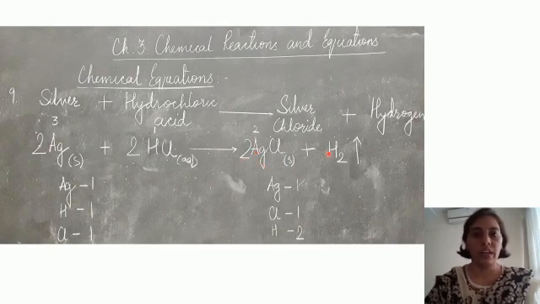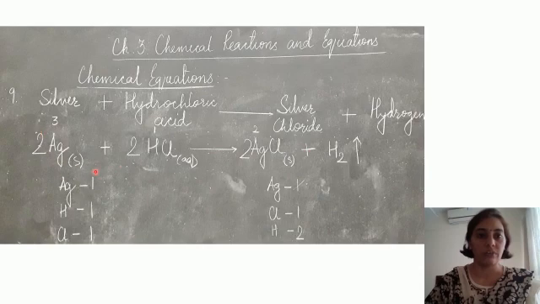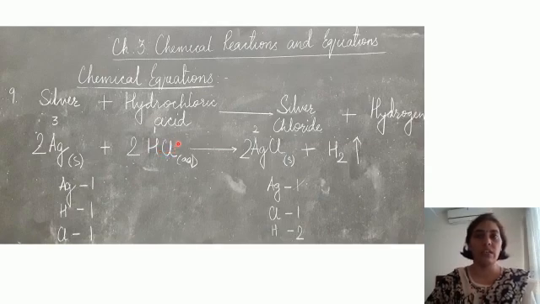Here also we can predict the products. Here we have silver, that is one positive radical. This is positive. This is HCl. This is H is positive and chloride ion is negative. So as we said in the previous slide, that positive combines with negative. So silver will have an affinity for chlorine. So the product will be AgCl.